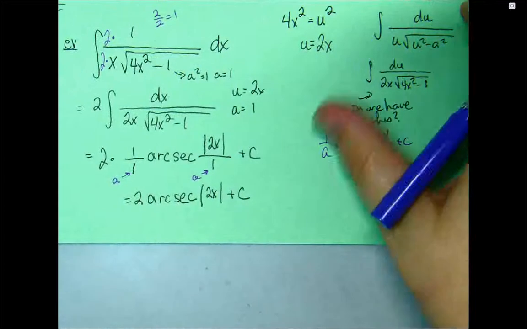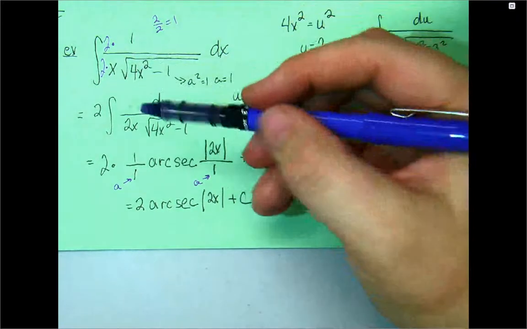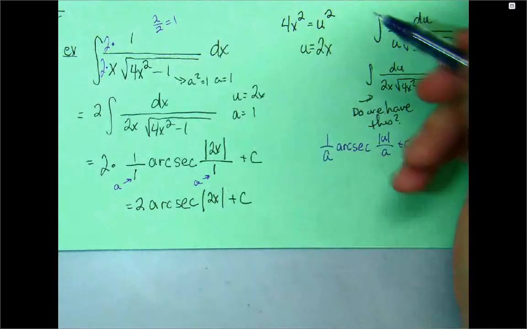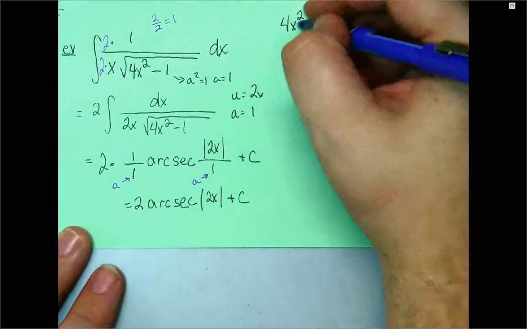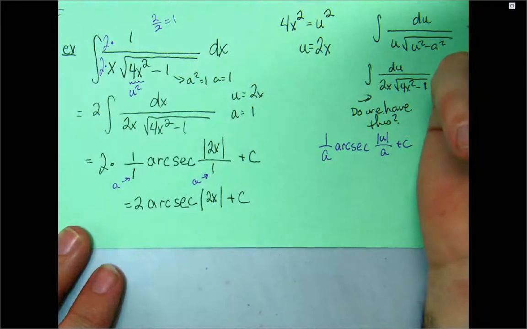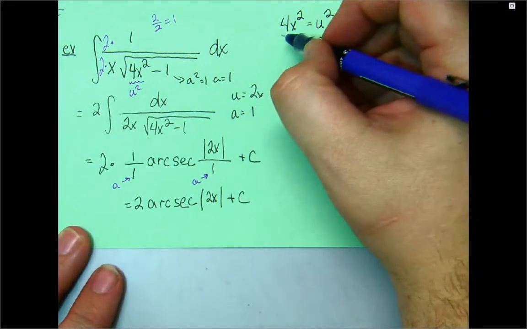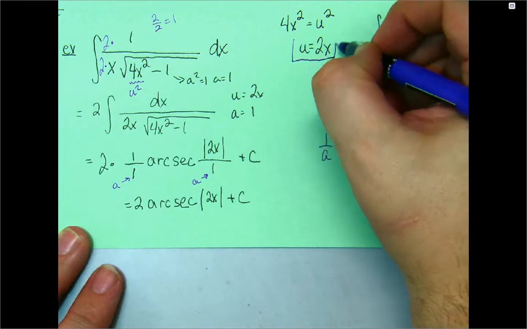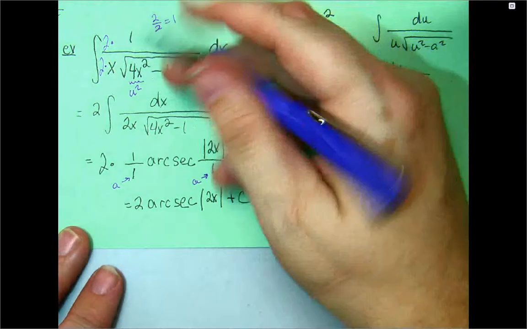How did I get this? Because I figured out that the 4x squared represents u squared. So I set it up here, and I found out that u is equal to 2x. But in the original problem, I just had an x. So I needed to have 2x there to apply the rule.